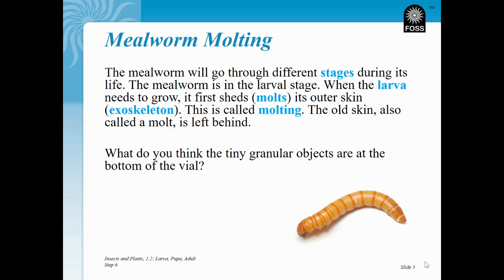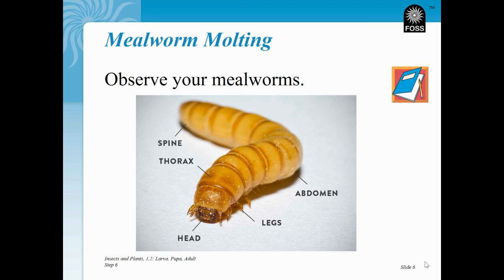Let's take a closer look at what it looks like when a mealworm molts. Remember, that means sheds its outer skin. When it sheds its skin, it allows it to grow bigger. So here is an example of our mealworm.